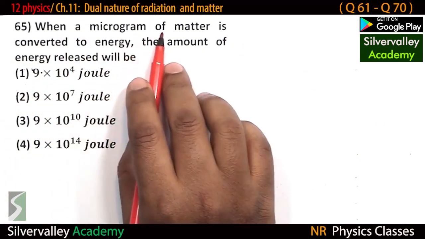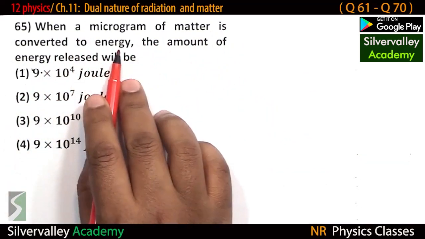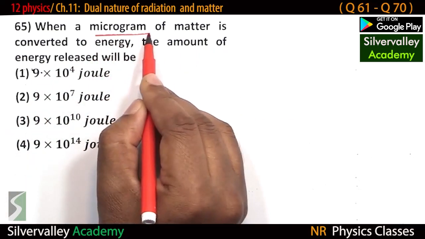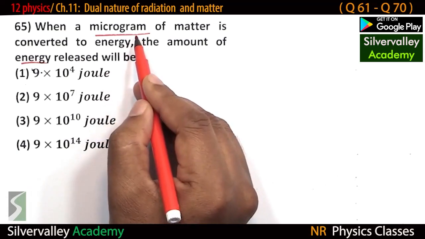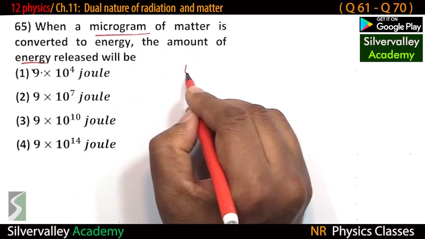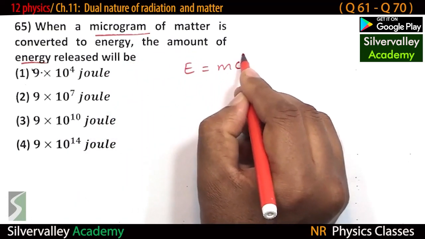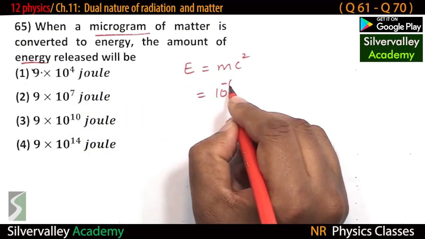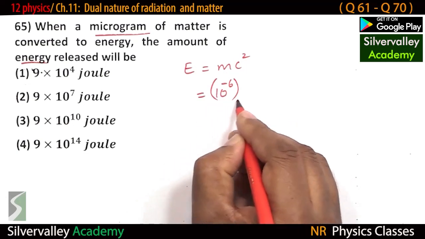When a microgram of matter is converted to energy, the amount of energy released will be? So energy equivalent of mass, E equal to mc square. Mass is microgram, micro is 10^-6, and this is in gram.